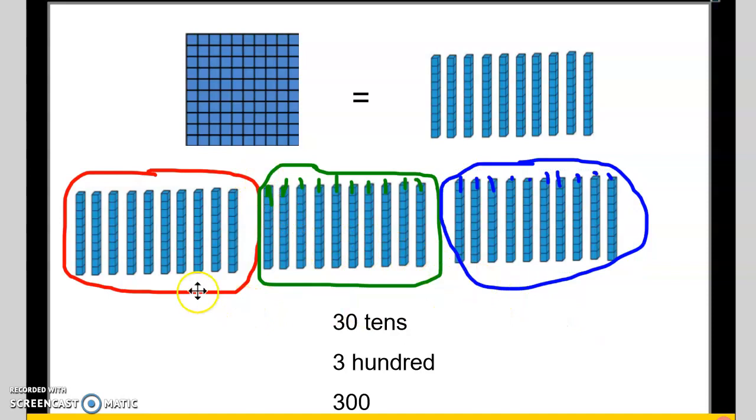So we counted 30 tens. We counted 3 bundles or 3 groups of those tens, and that gave us 300.